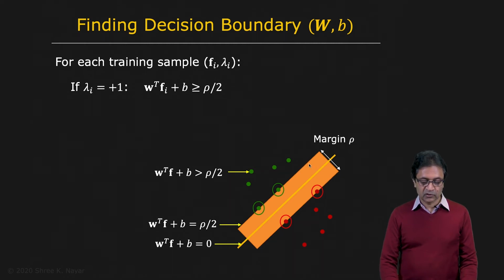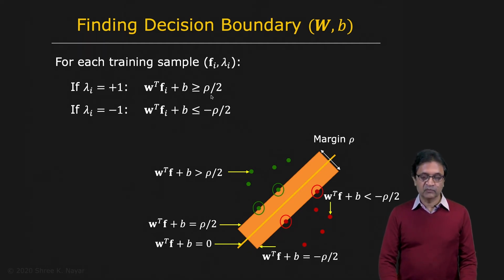This distance here is rho divided by 2, and we know that if it is a face, it must lie further away from this decision boundary, at a distance greater than rho divided by 2. That's what this constraint is. On the other hand, if lambda is -1, then W transpose Fi plus B is less or equal to minus rho divided by 2. That means it must lie on this side of the safe zone.